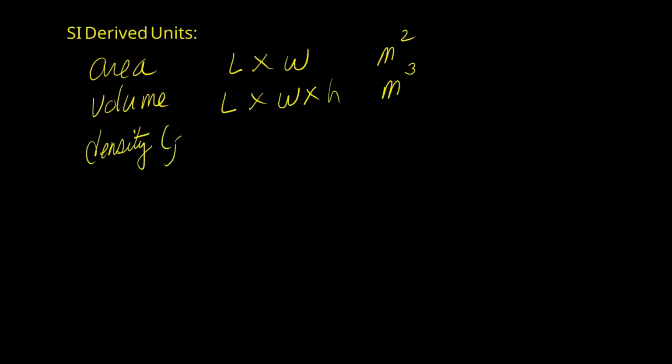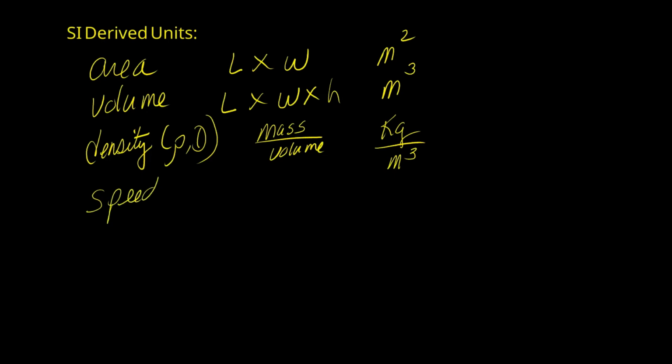Sometimes you'll see rho or a capital D for density. So this will be mass divided by volume. So this will be kilograms per meter cubed. Speed. This will be distance divided by time. So it would be something like meters per second.